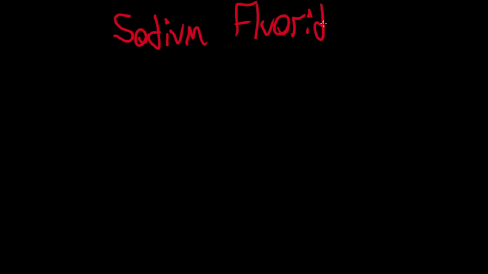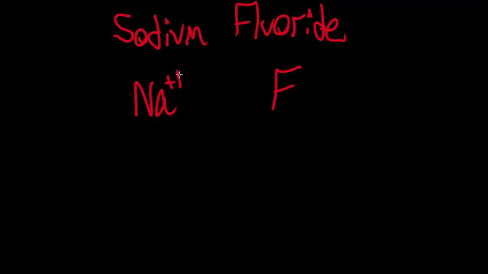Let's start with a blank slate. And what about sodium fluoride? So I look on my periodic table for sodium and I see that it is Na. I look for fluorine, not fluoride, I look for fluorine on my periodic table and I see that it is F. So sodium is in group 1 on my periodic table, so I know it's going to be a metal with a +1 charge.